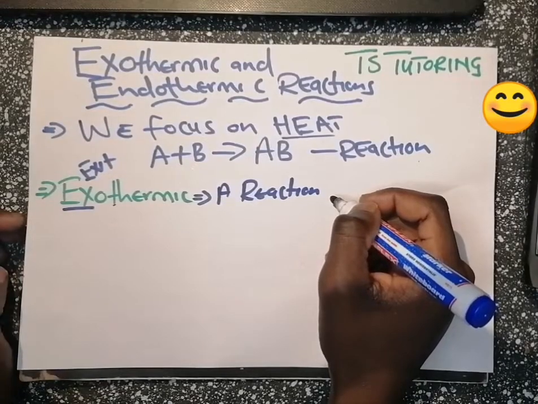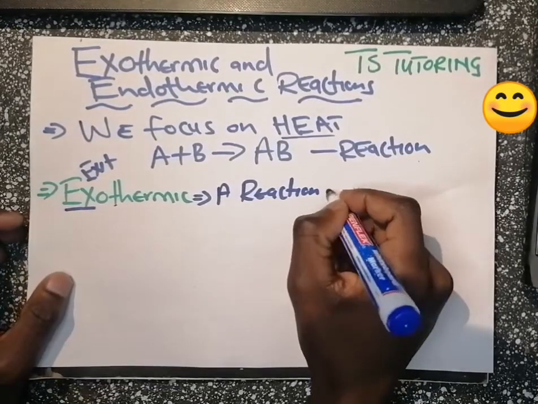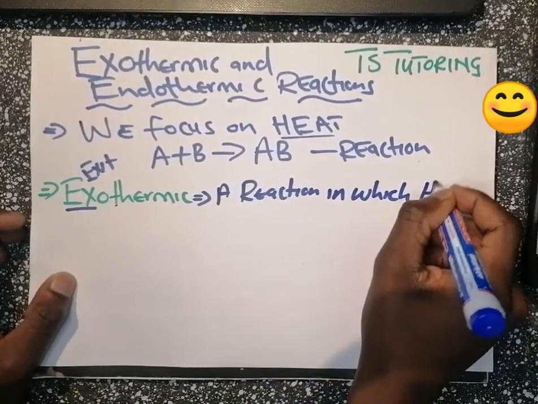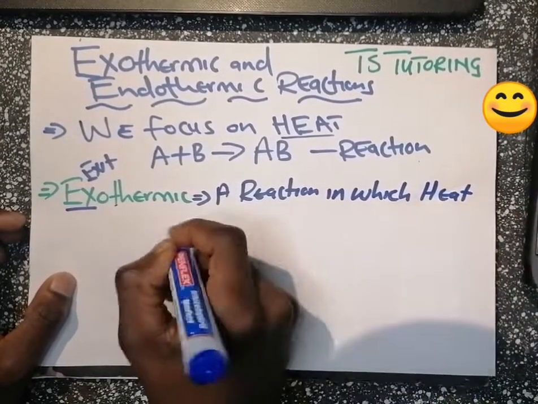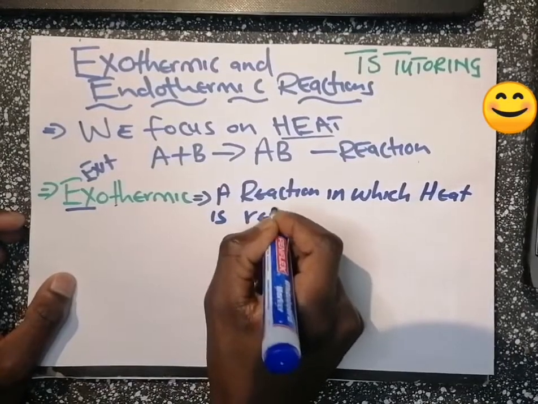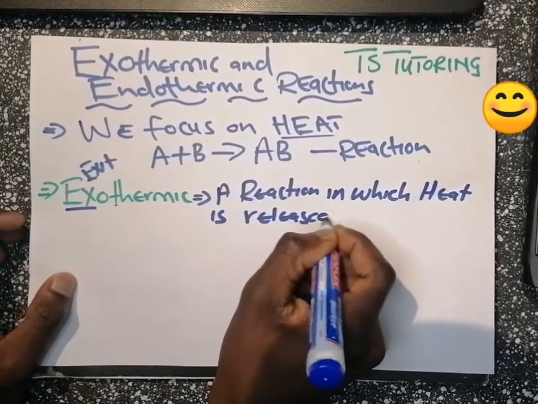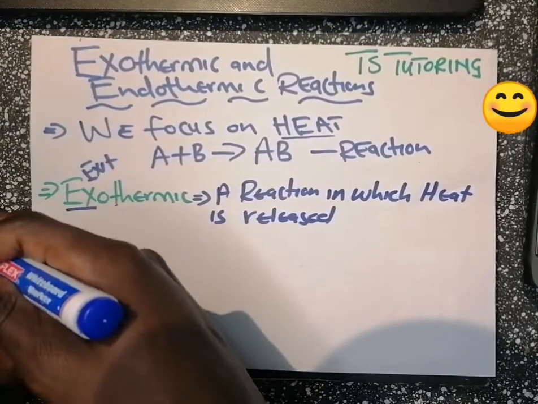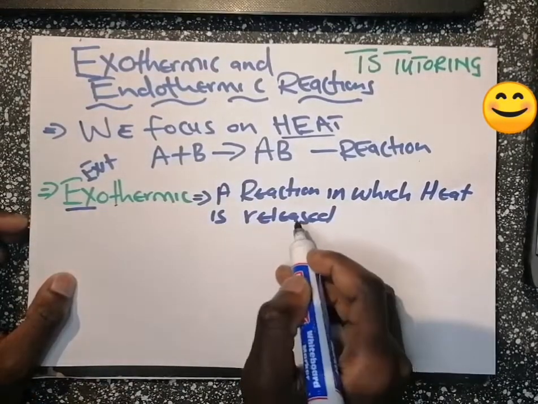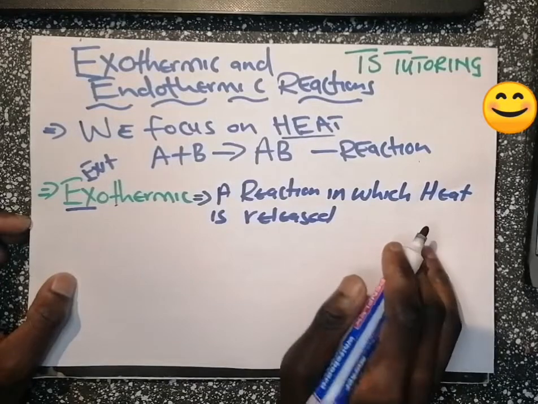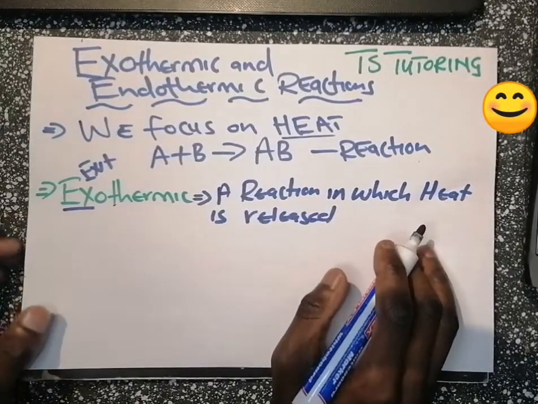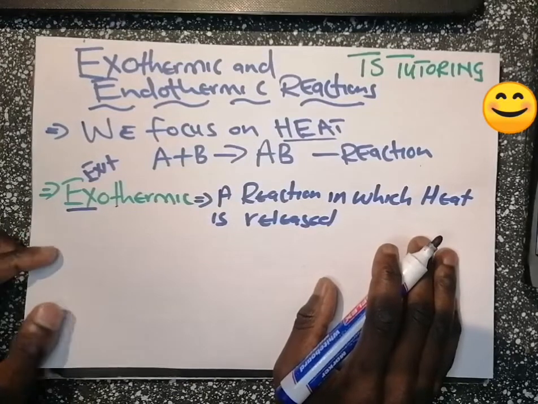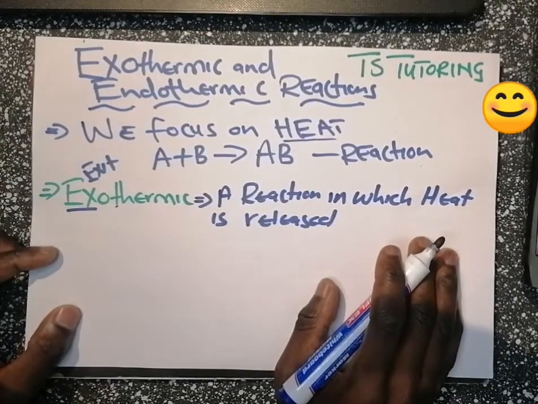This reaction releases heat. Remember, X for exit. When you exit, you're going out, right? So heat is going out in this type of reaction. With this type of reaction, you will see that the heat is released.